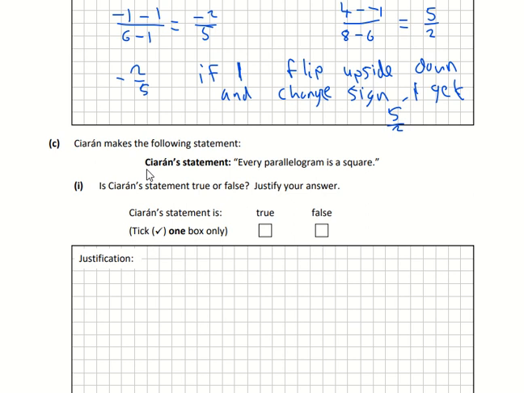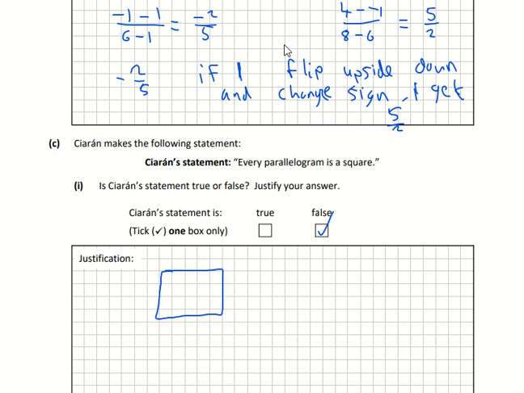Kieran makes the following statement: every parallelogram is a square. Is Kieran's statement true or false? It's false. For example, a rectangle is a parallelogram, but it's not a square.